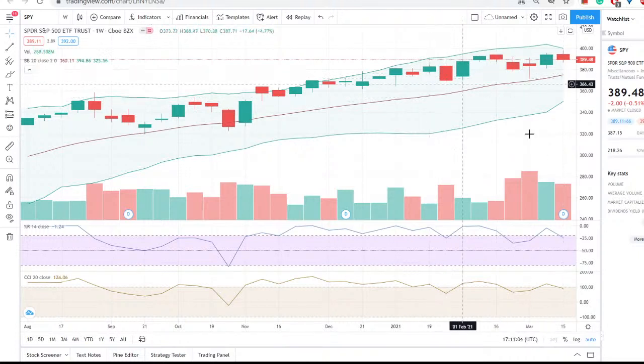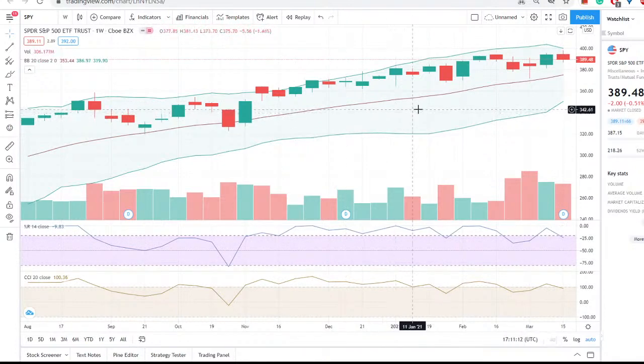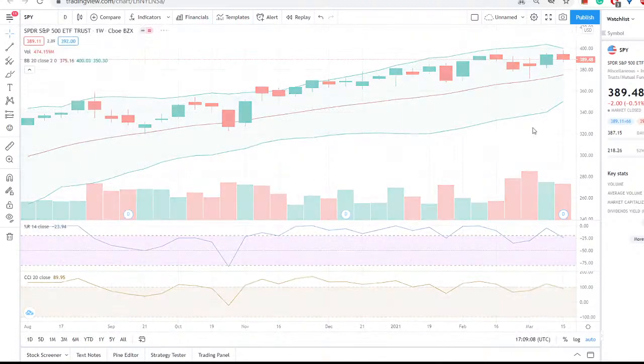That's on the weekly chart. As you can see, Williams R and CCI both are downward.